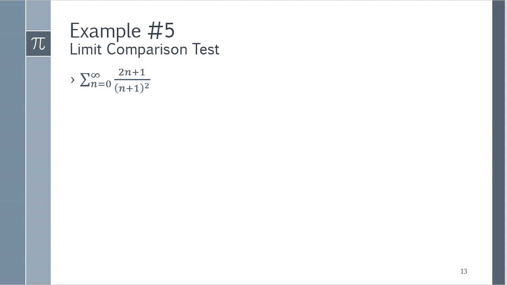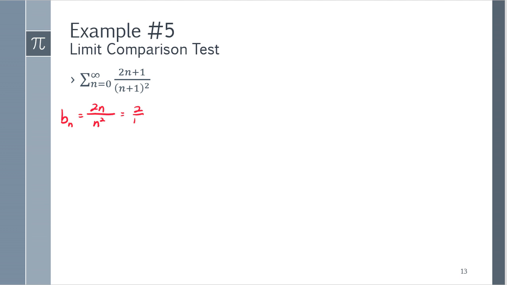So an example of this. The 2n plus 1 over n plus 1 squared is my original series, where n's going from 0 to infinity for the summation. B sub n is going to be the end behavior model of that. So on top, 2n is taking over. On bottom, if I expanded n plus 1 squared, n squared would take over.